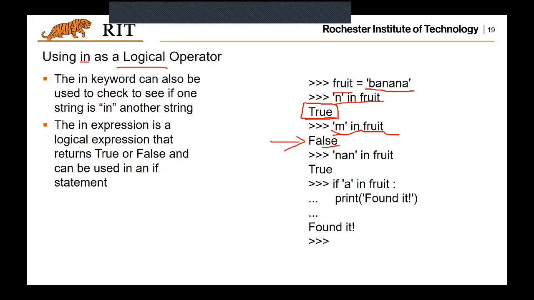And because banana has no m, it gives you false. Not only just one character, you could even use a substring.